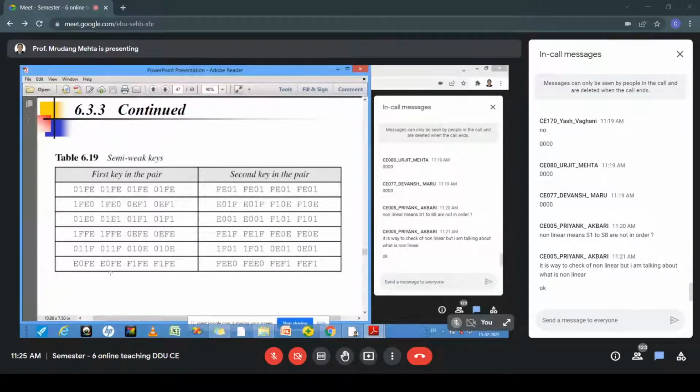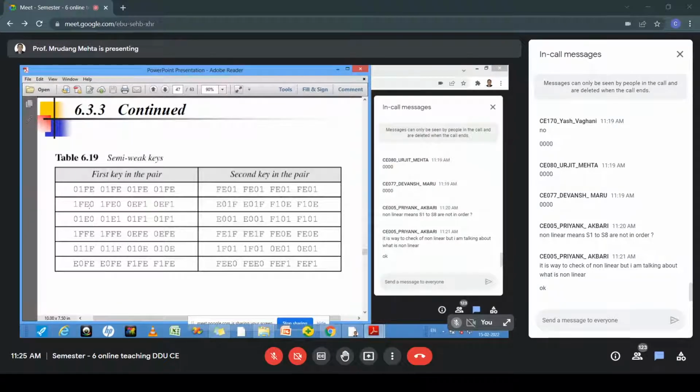These are the semi-weak keys: 1, 2, 3, 4, 5, 6, 6 into 2, 12. The first key is 01FE, 01FE, 01FE, 01FE, and the second key is just a change in the order, FE01, FE01.